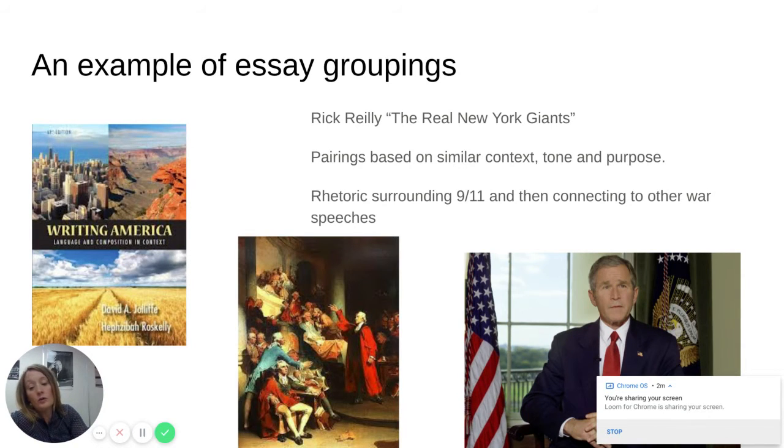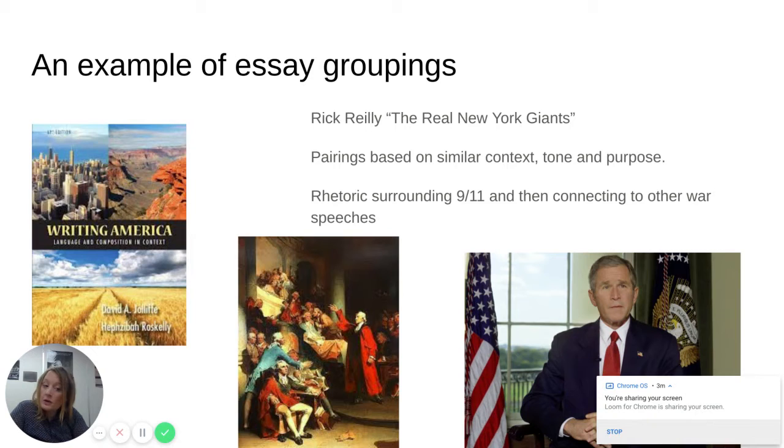We could put President Bush's speech next to Patrick Henry's speech, in which he's persuading colonists to go to war, and we can compare and contrast their word choice and the way they use emotion.